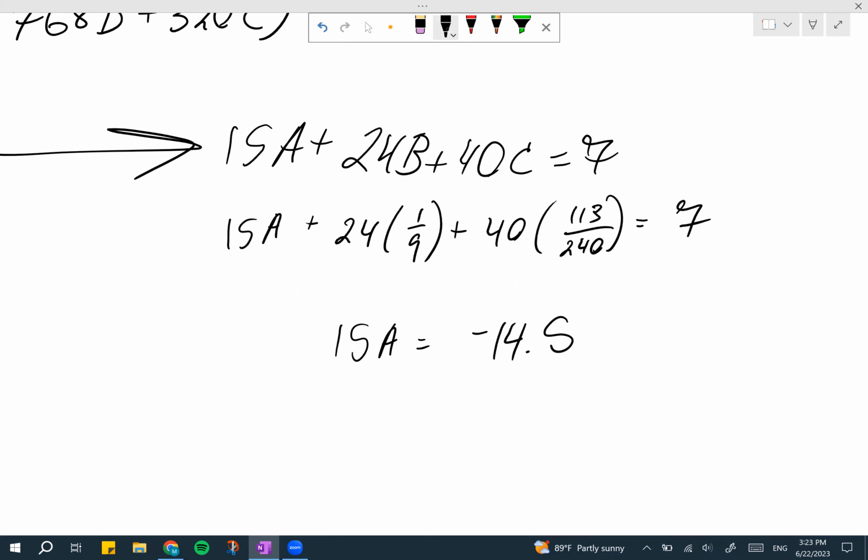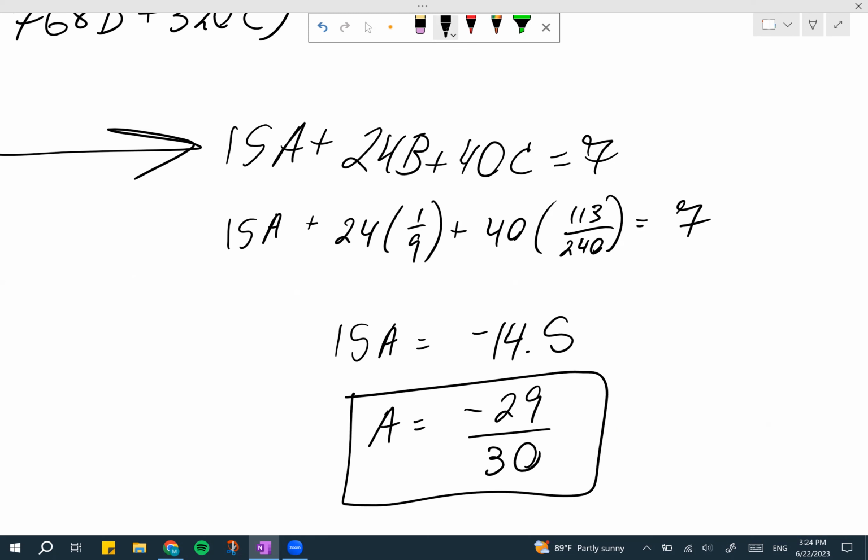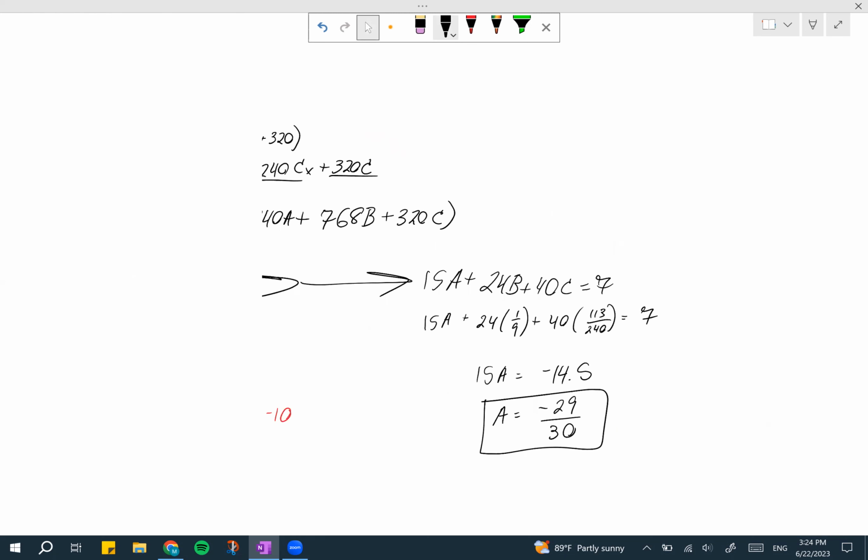We divide by 15 on both sides. We're going to get a is equal to negative 29 over 30. All right, now we have A, B, and C. Cool.